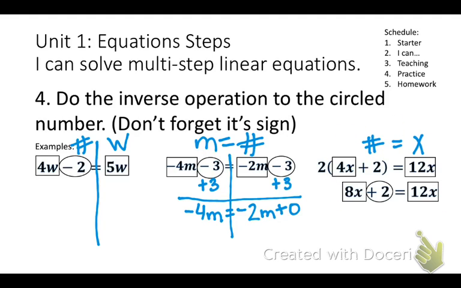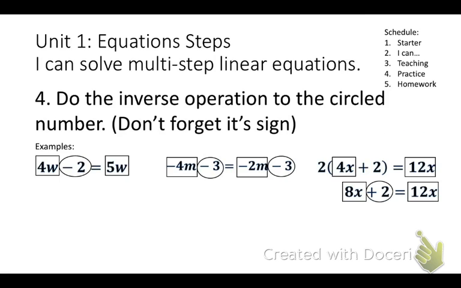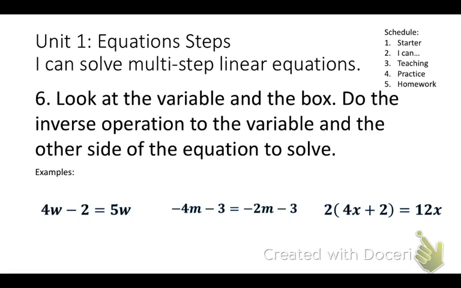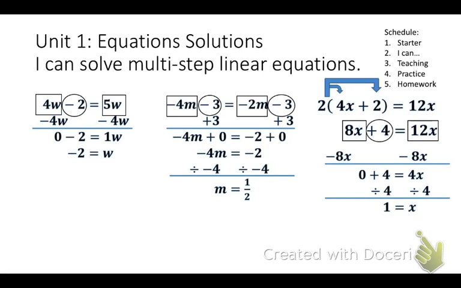All right, now number 5 is clean up. Here we have it all cleaned up just like I just did, because for some reason I just go to the next step automatically. Now we look at the variable in the box and do the inverse operation to move it to the other side, if we need to move it.